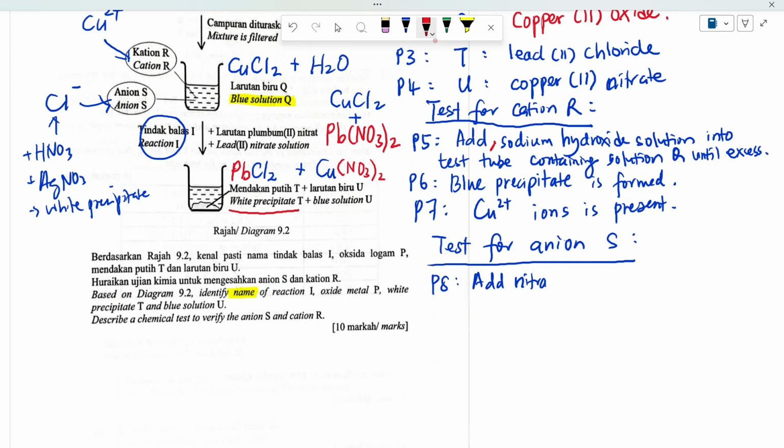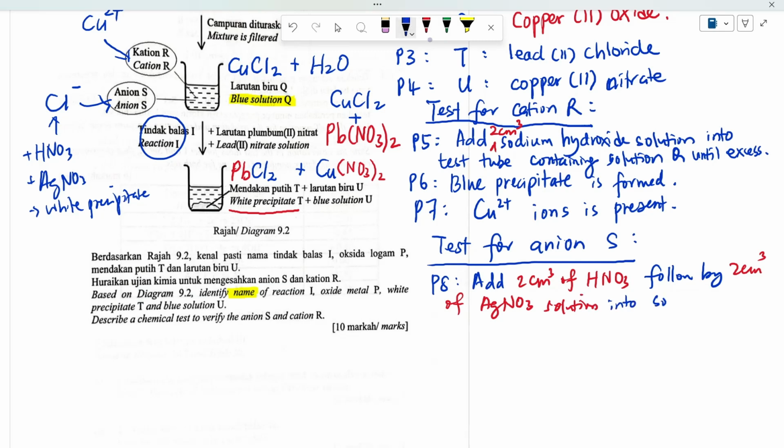So this one: add 2 cubic centimeter into the test tube containing the solution. So this one is also the same: add 2 cubic centimeter of nitric acid, followed by 2 cubic centimeter of silver nitrate solution, into solution Q.